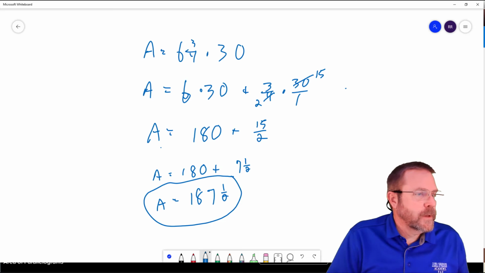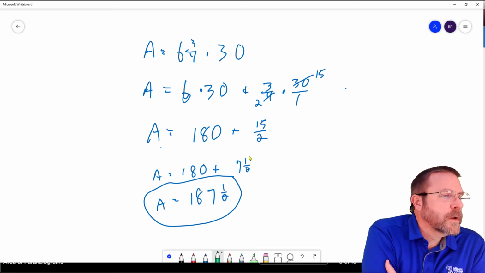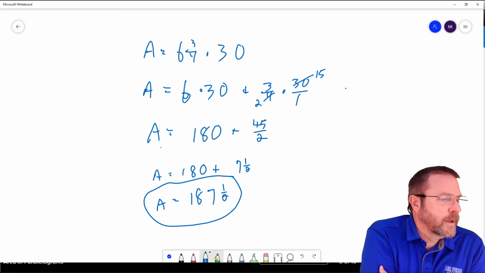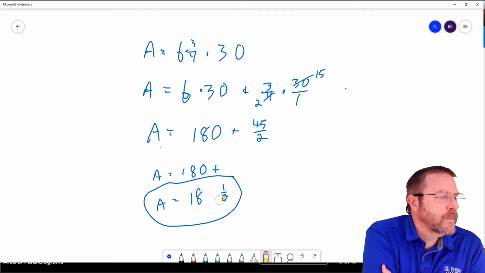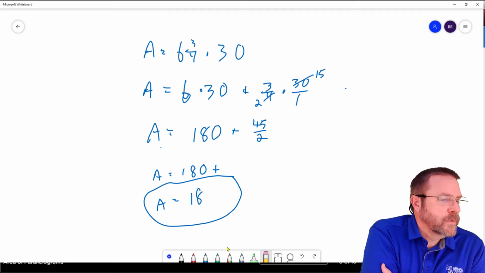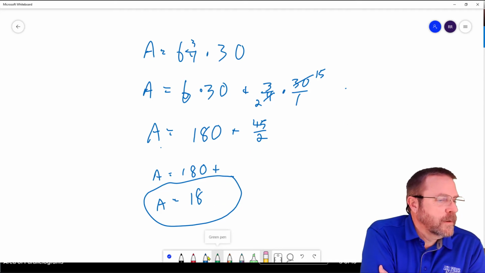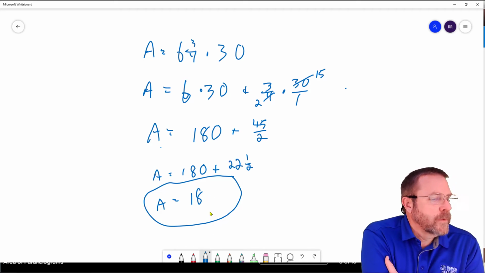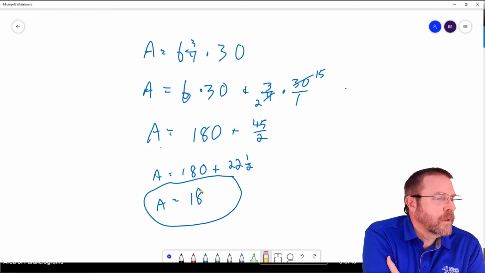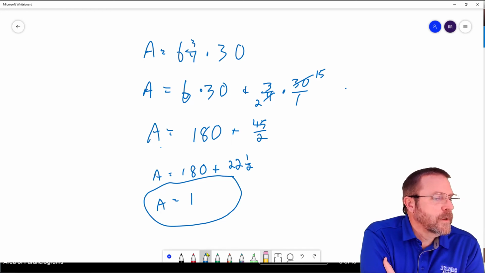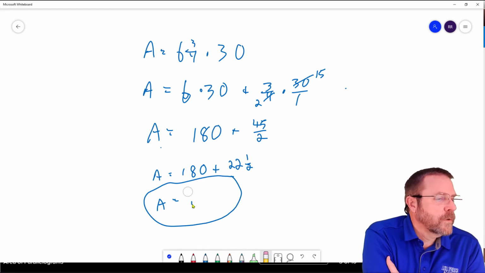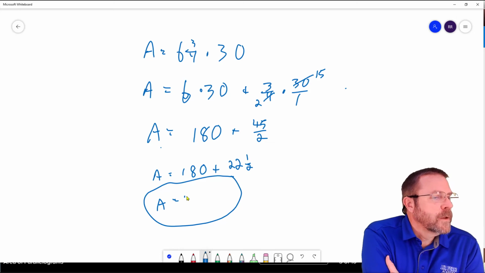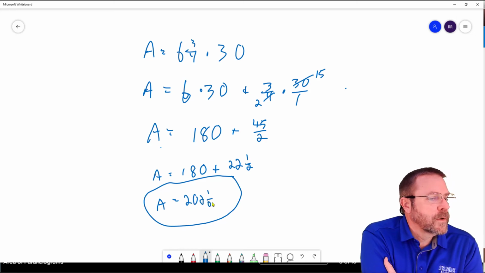I see my mistake here. I was talking and not paying attention to what I was doing. This should have been a 45, and since that was a 45, we're going to erase some other stuff here. 45 divided by 2 becomes 22 and 1/2, and then 180 plus 22 gives me 202 and 1/2.